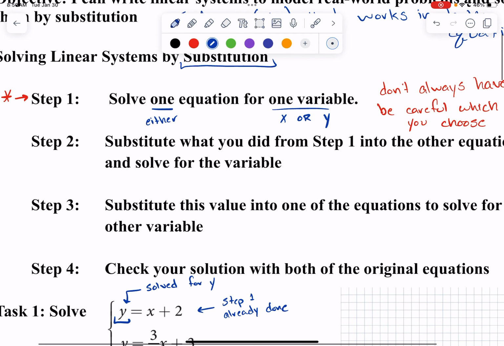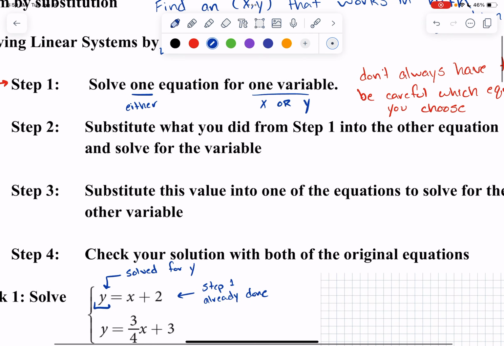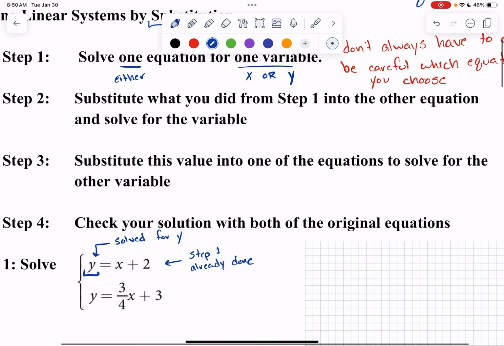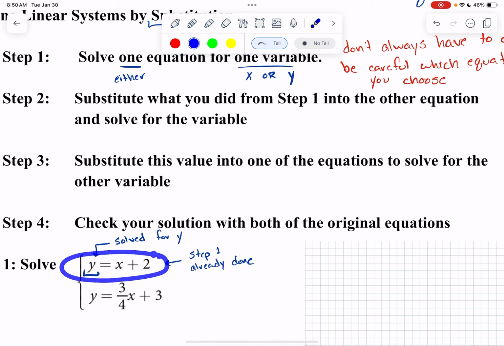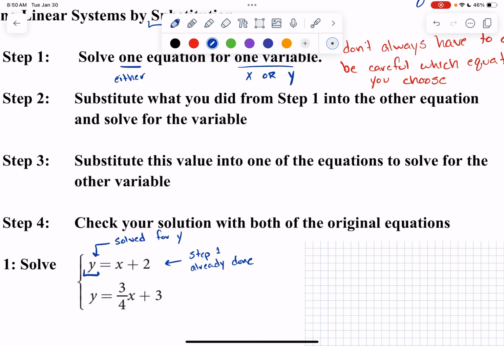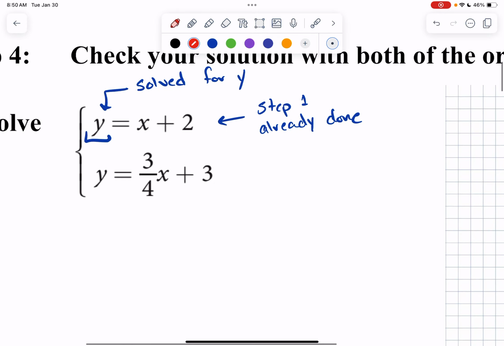Okay, step 2, here's where the substitution comes in. Substitute what you did from step 1, which we already have in this case, into the other equation. So there's going to be one you haven't touched yet, into the other equation and solve for the variable. Okay, so what we're going to do is we have this equation solved for y. So we're going to replace the y in this equation with what this y is equal to.